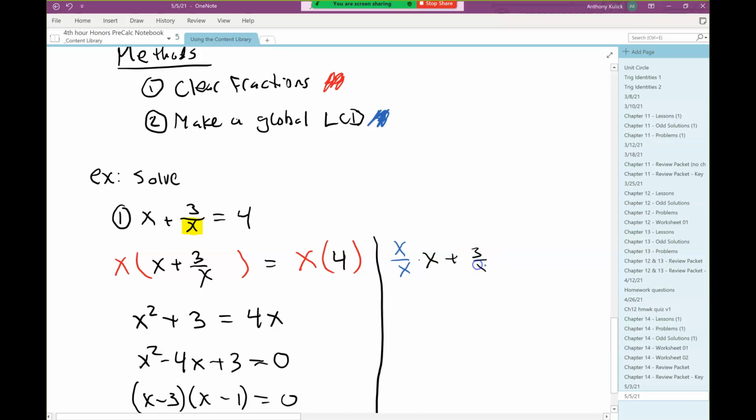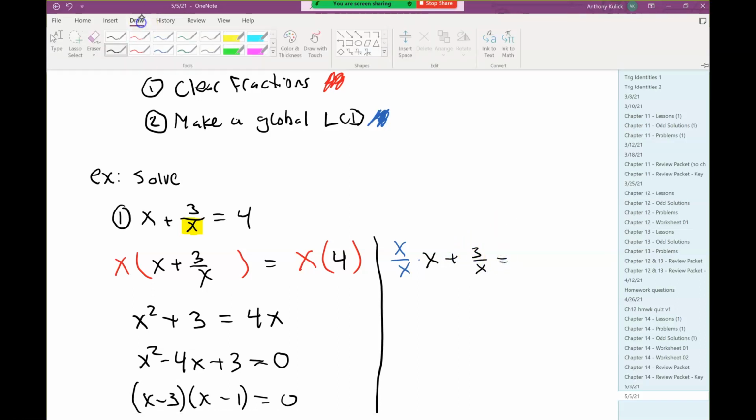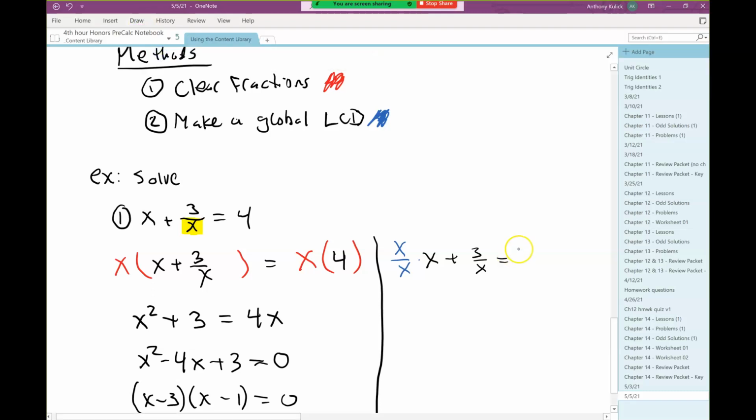Three over x already has the common denominator, so I don't need to do anything with that. And I'm going to multiply 4 by x over x. That's going to give me x squared over x plus 3 over x equals 4x over x.